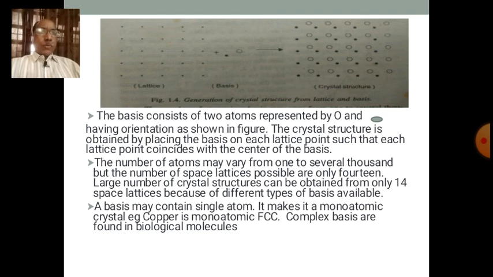We will study what is meant by face centered cubic in the subsequent lectures. What I want to emphasize is that the basis may contain a single atom or more than one atom. Complex bases are found in biological molecules. There may be thousands of atoms in a single basis, isn't it?